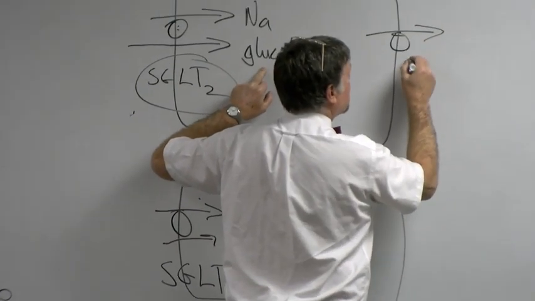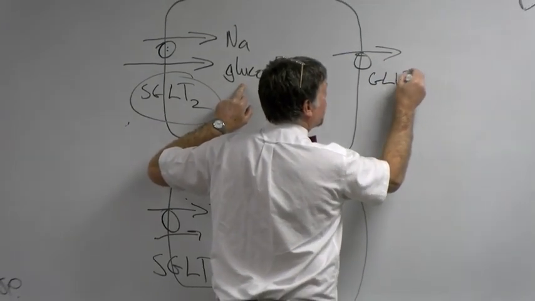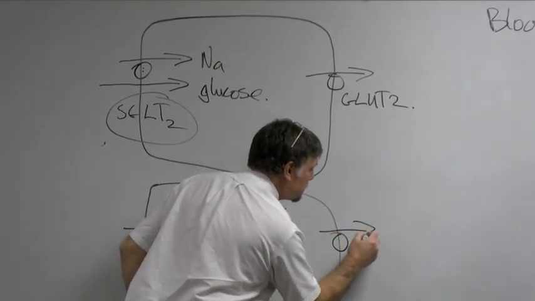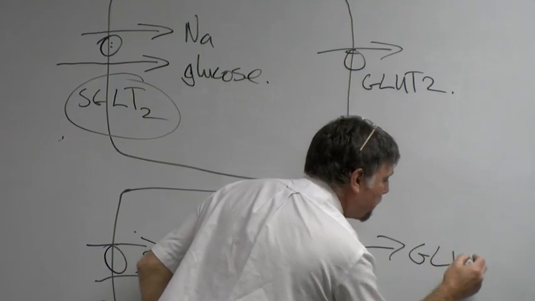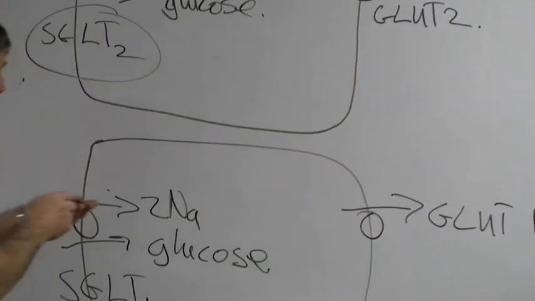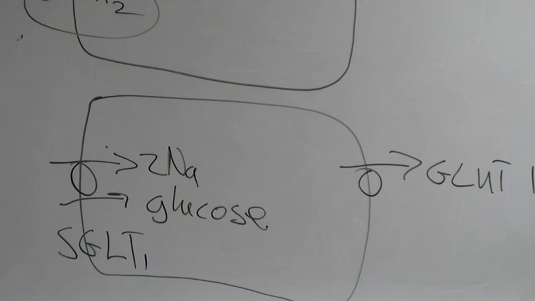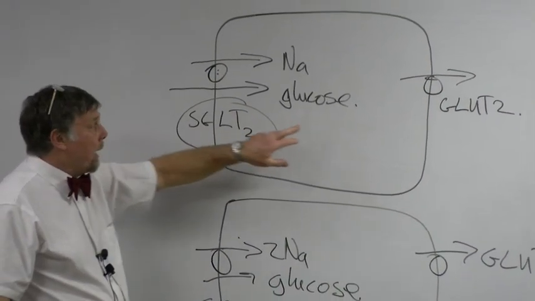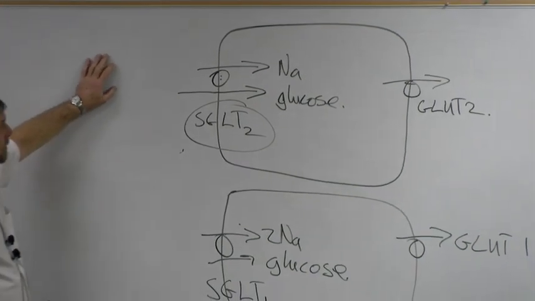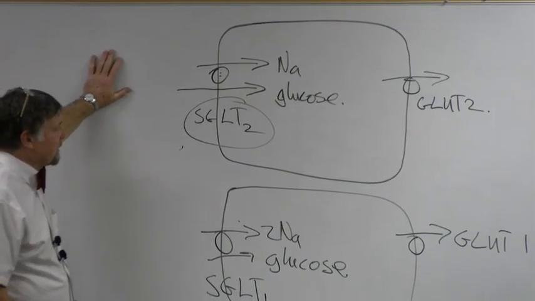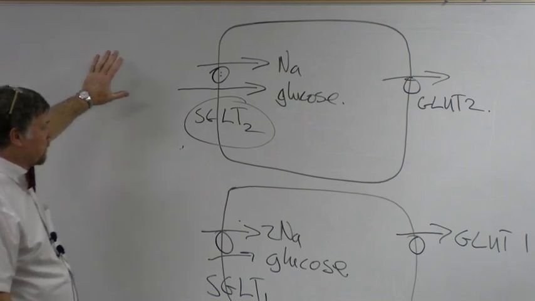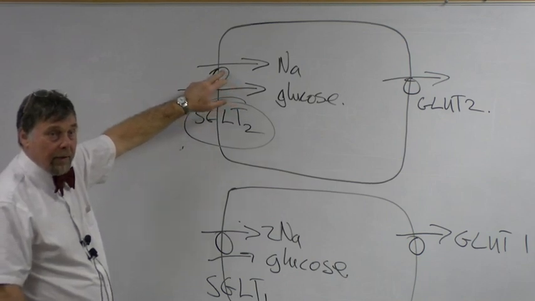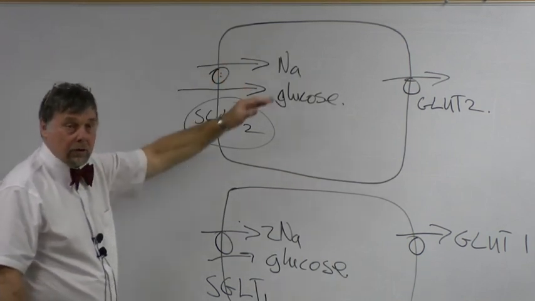Facilitated diffusion with a facilitated diffuser called GLUT2, and here GLUT1. Okay. So the process that's going on here is there is secondary active transport of glucose here by a mechanism which tends to be kind of low affinity, but there's a lot of this guy, and so it moves most of the glucose.